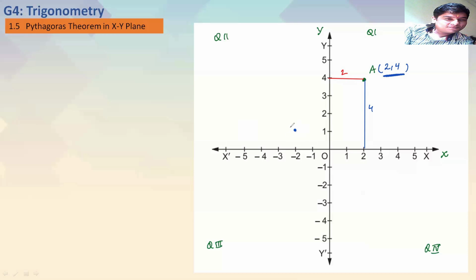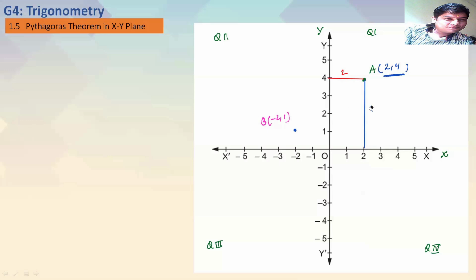Is it 2 or negative 2? Negative 2, and comma 1. Wonderful. Real cool stuff.